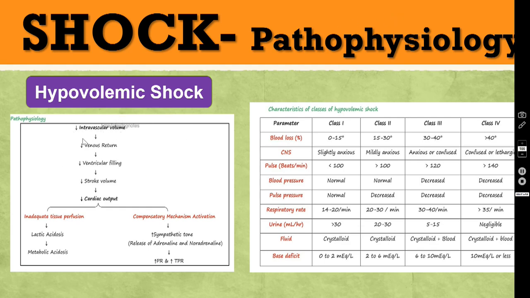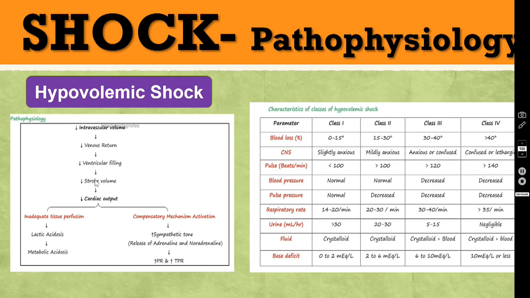The intravascular volume decreases, or there is loss of blood volume, that will cause decreased venous return, resulting in decreased ventricular filling. That will in turn decrease the stroke volume.